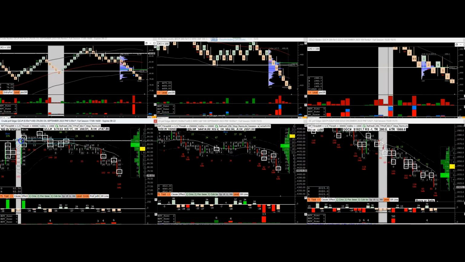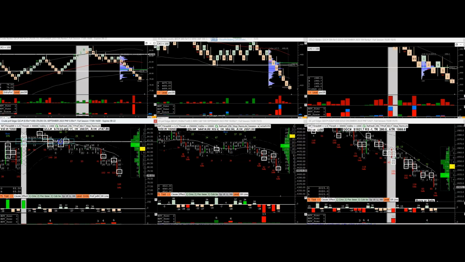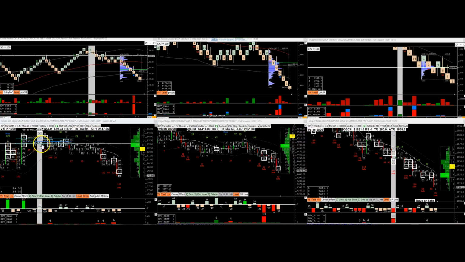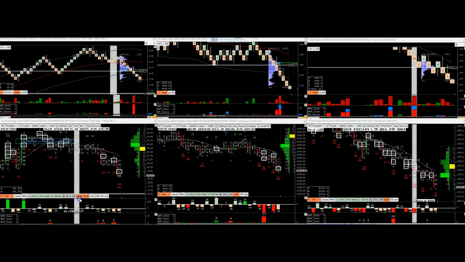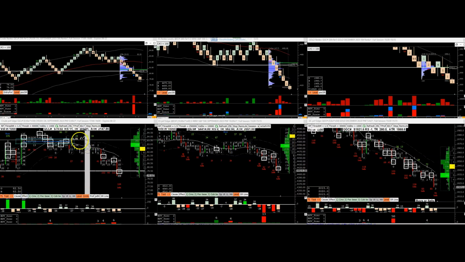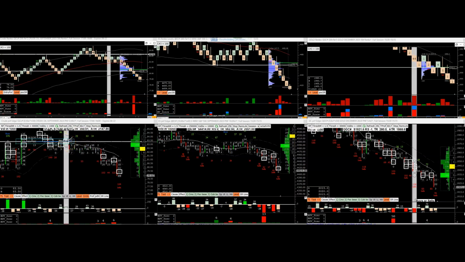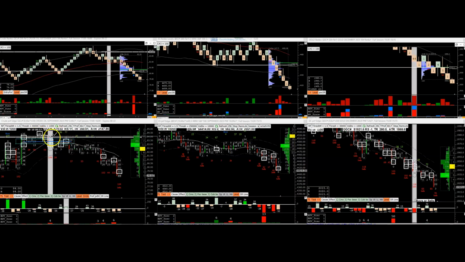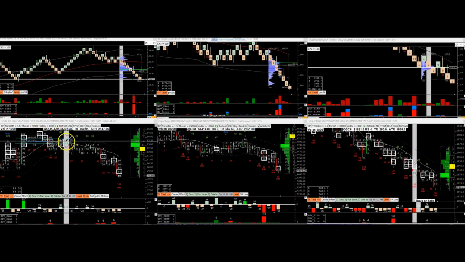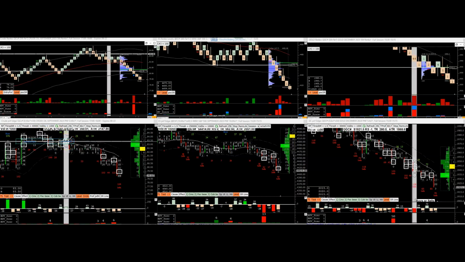So what is the count? You just draw, it's about 1, 2, 3, 4, 5, 6, 7, 9, as it says, and then you want to draw the effect. The effect can be from that level or from the extreme. So in this case, from the high on down, or from the last point of supply on down.